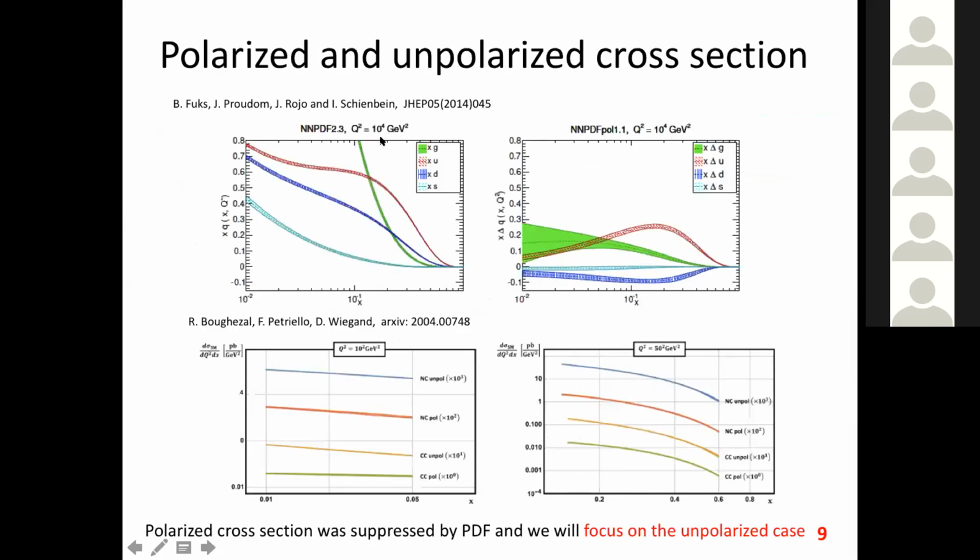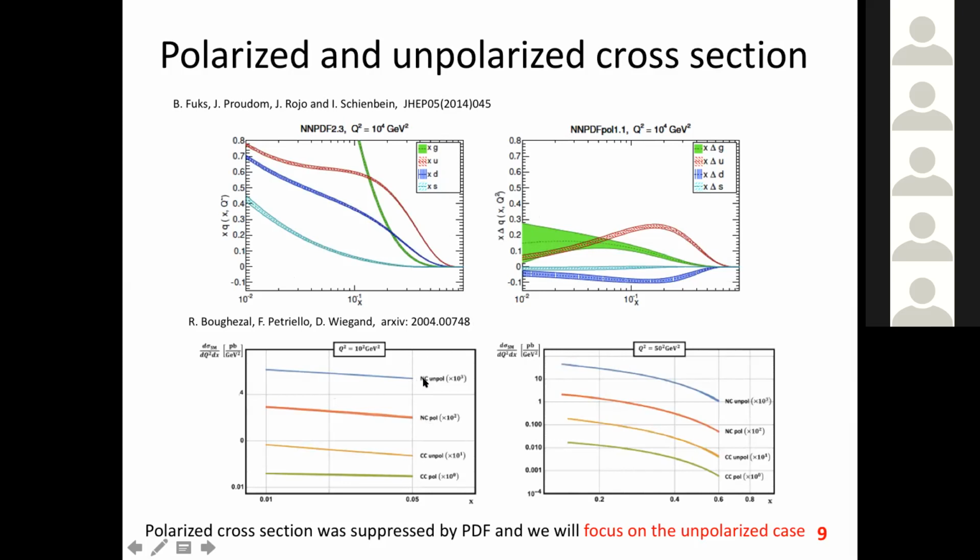From many studies by this group, you could find that the unpolarized cross section will always dominate, because the polarized PDF is much smaller compared to the unpolarized case.